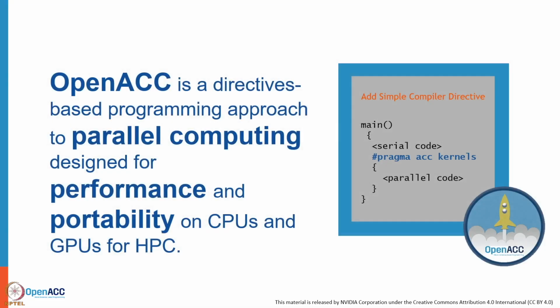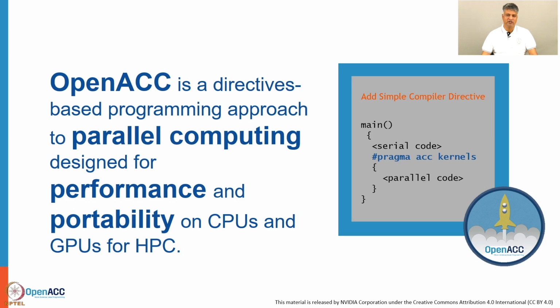So, what is really OpenACC? It is a directive based programming approach for parallel computing where we look at the portability of code. So, what do I mean by portability of code? We write the same code, and based on how the compiler interprets the instructions given to it at compile time, you will be able to execute this code on different architectures.